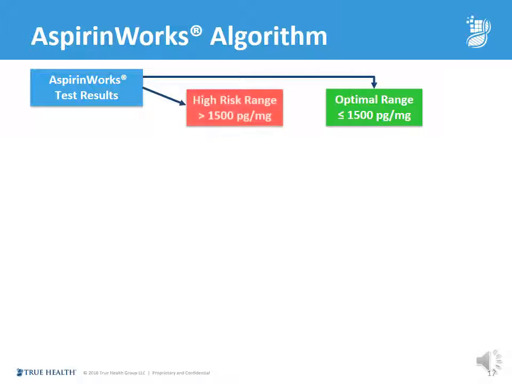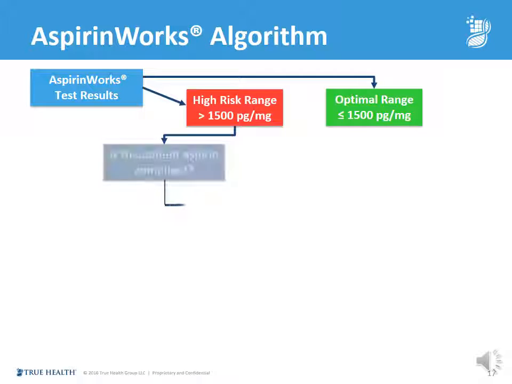But what would happen if it comes back in the high-risk range? Now, if that patient is aspirin naive, this, barring any contraindications, would be an indication to consider low-dose aspirin therapy. If the patient, however, is already on aspirin and it comes back abnormal, increasing the aspirin dose is unlikely to have much more efficacy, because the abnormality is likely due to COX-2 and/or oxidative stress.